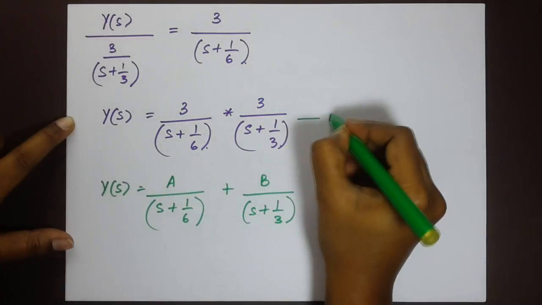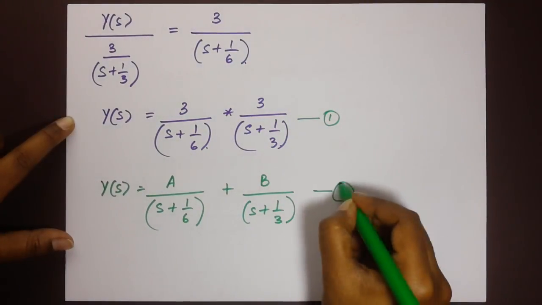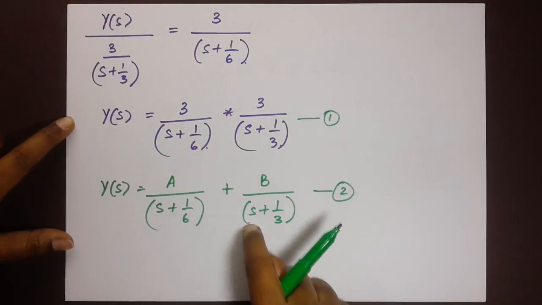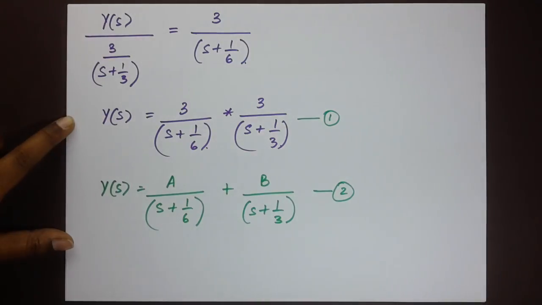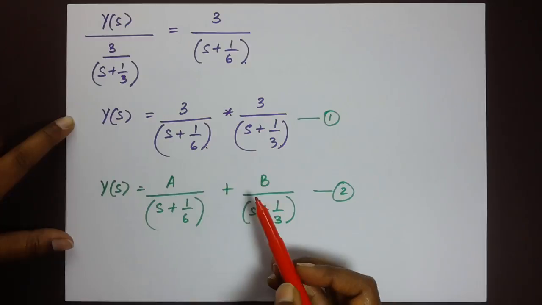So let's call this 1 and let's call this 2. We have to equate both of these in order to find out what A and B are. Let's just write down the values.